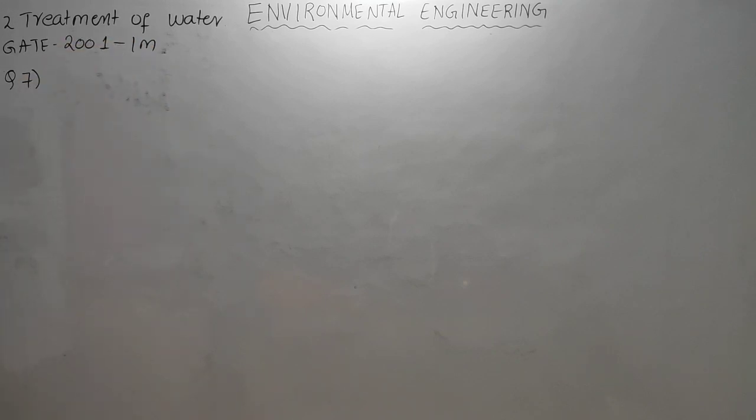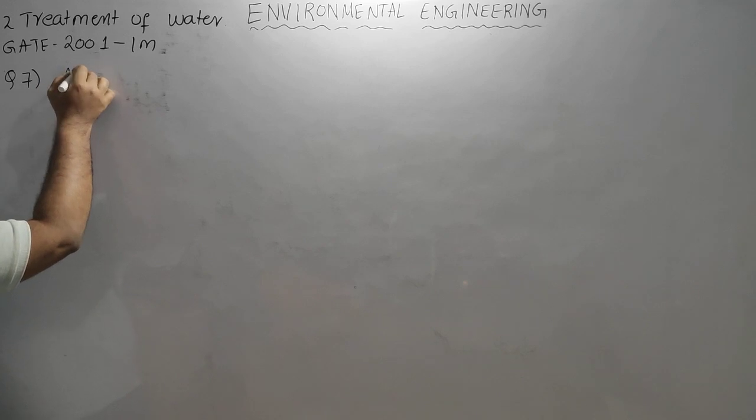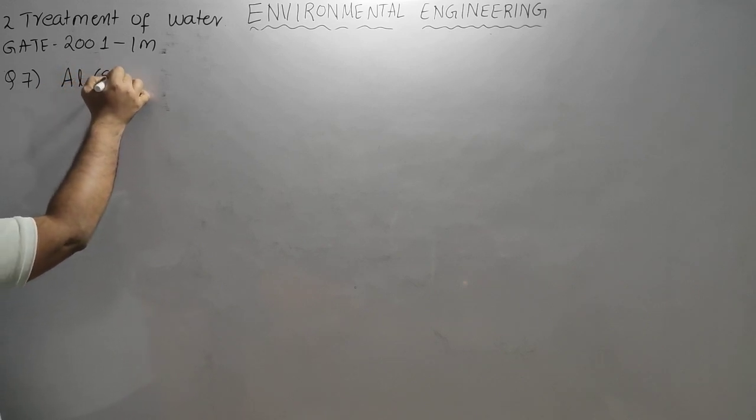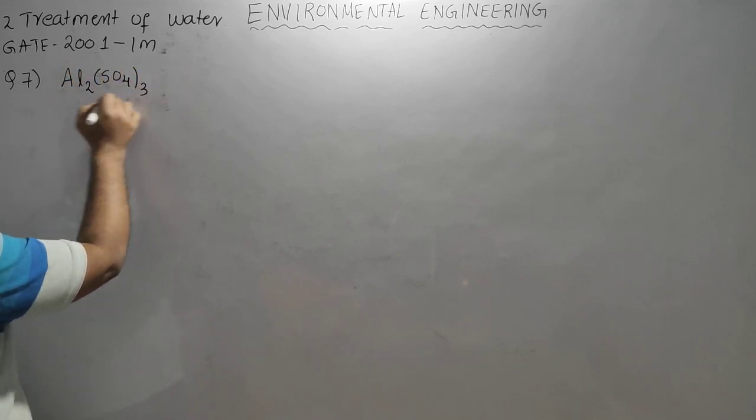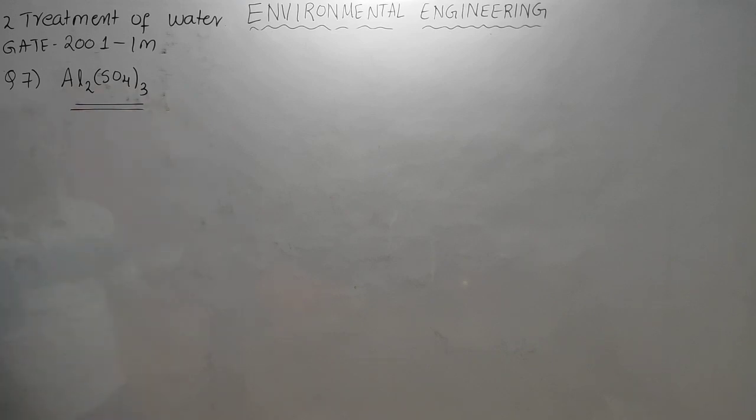Here the following chemical is used for coagulation. Very simple. The options are ammonium chloride, aluminium chloride, aluminum sulfate. It is very easy. Aluminum sulfate is used, Al2(SO4)3, which is used as alum. So the option is 1.